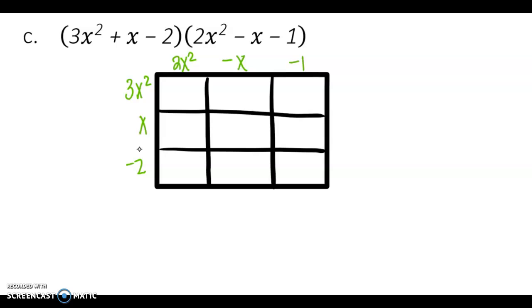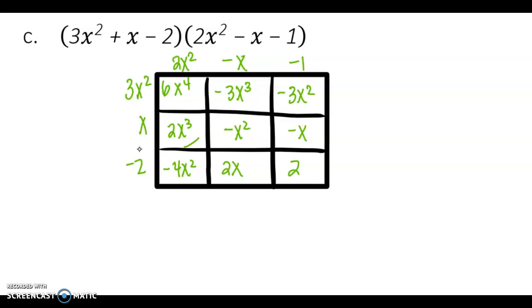So now just for shortcut reasons, I am going to do a lot of this in my head. So this gives you 6x to the fourth minus 3x to the third minus 3x squared, 2x to the third minus 4x squared minus x squared, 2x, negative x, and positive 2 at the very end.